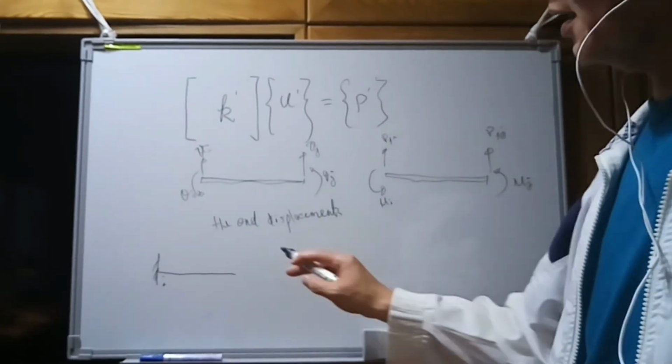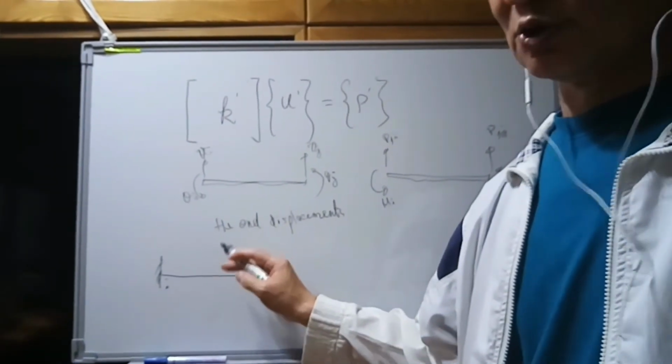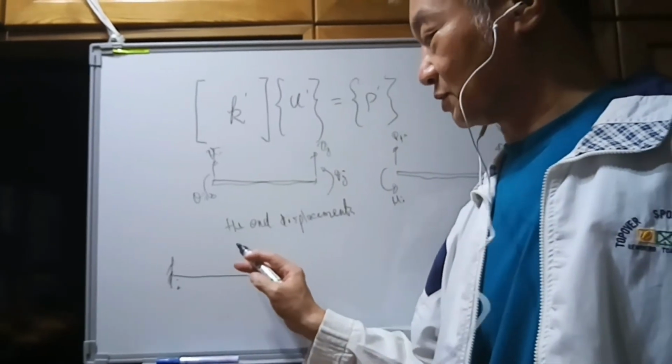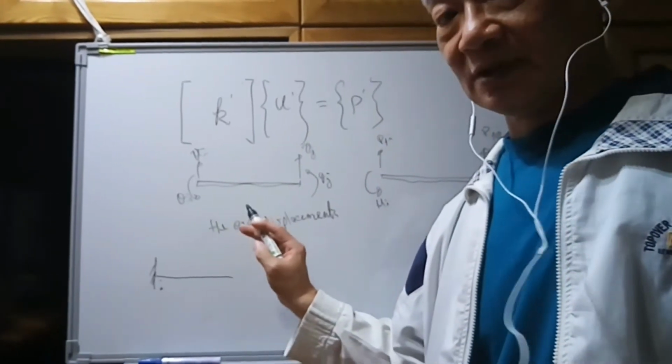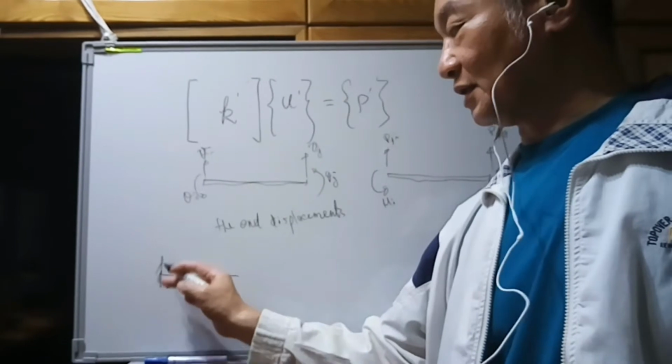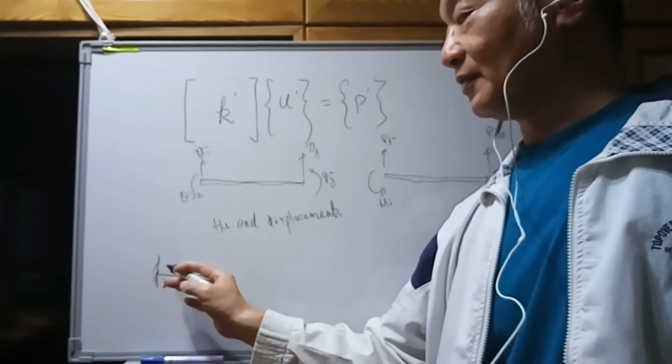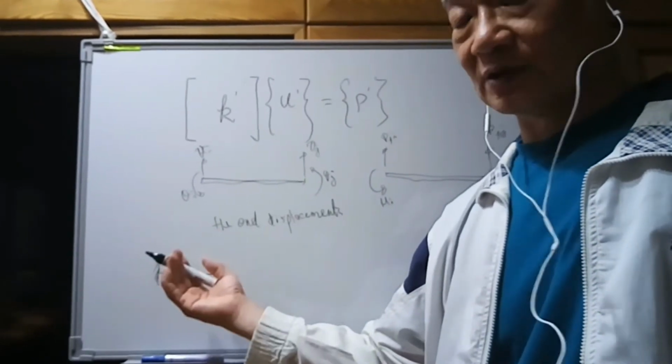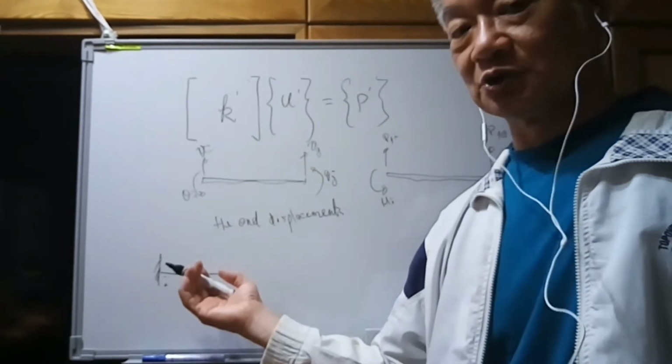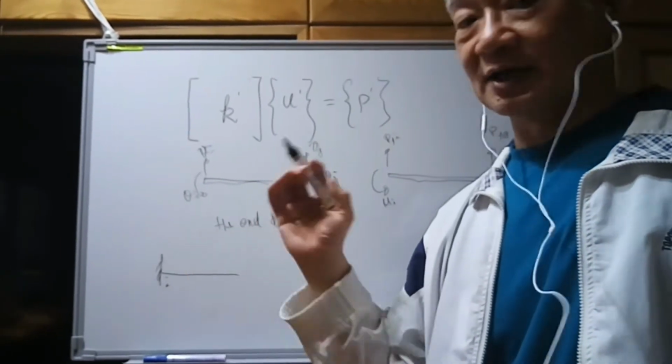For this case, usually the external loads are applied to the right end, and at the left end are the forces that come from the support, or usually we call them reactions.